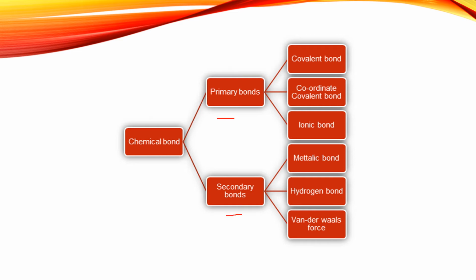Primary bonds are classified into three categories: covalent bond, coordinate covalent bond, and ionic bond, right? And secondary bonds are classified into three: metallic bond, hydrogen bond, and van der Waals force, right? This is basic fundamental information related to chemical bonds.